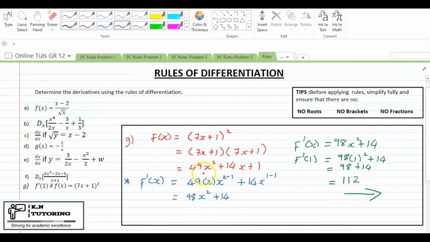You will see from the beginning that if I've got 49x², the derivative is just 49 times 2, which is 98. And while I'm busy saying that, I realized there's a mistake somewhere here. I hope you managed to see it. This 2 minus 1 will give me 1. Fortunately, this doesn't have an impact on the final answer. 1 squared is 1, so it's not going to have an impact.